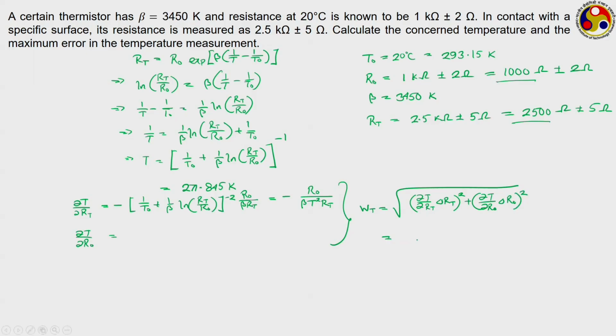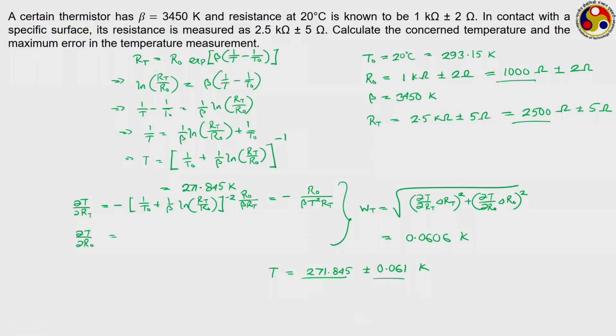In this particular problem, I just have the final value, which is 0.061 Kelvin. So, the final temperature is 271.845 plus minus 0.061 Kelvin. This is the nominal value and this is the uncertainty involved for the given thermistor.